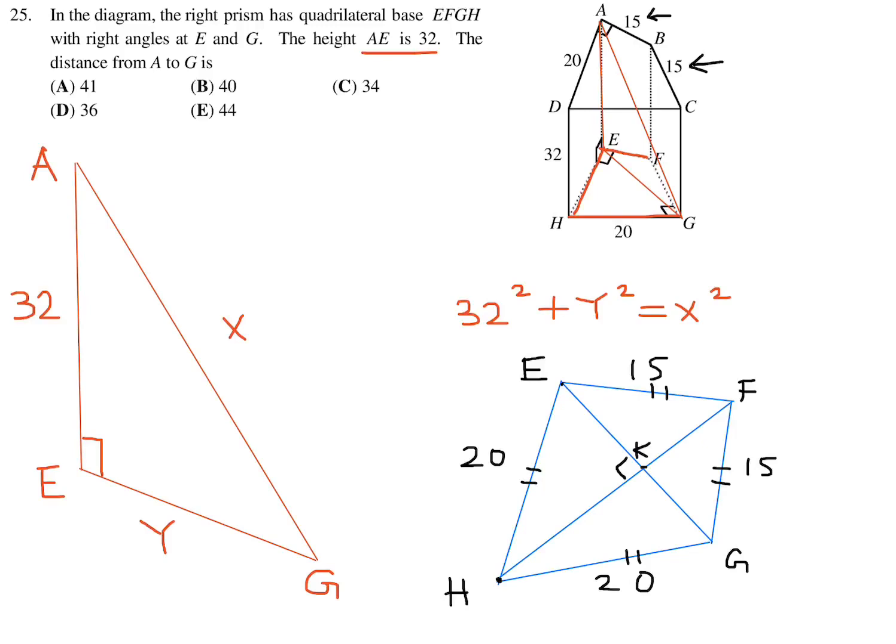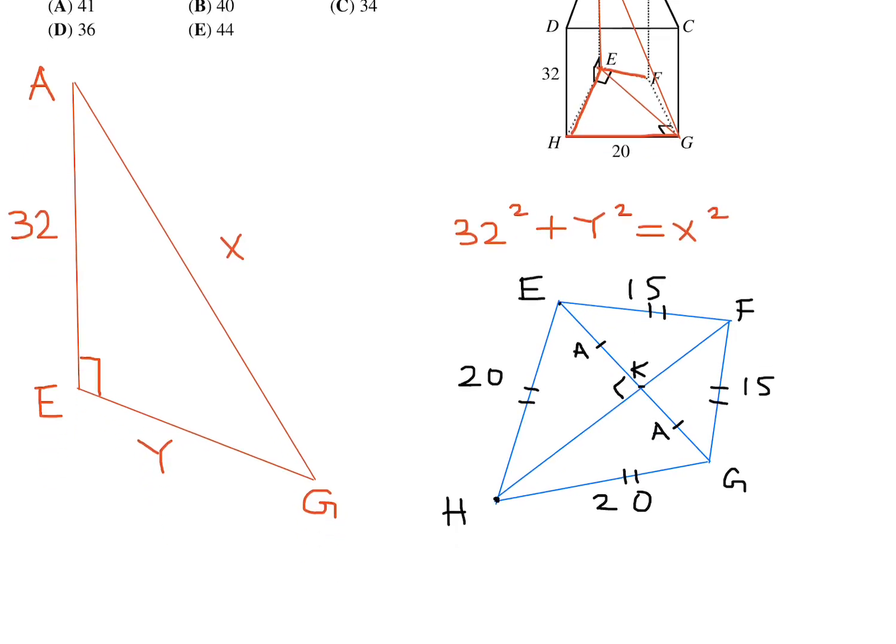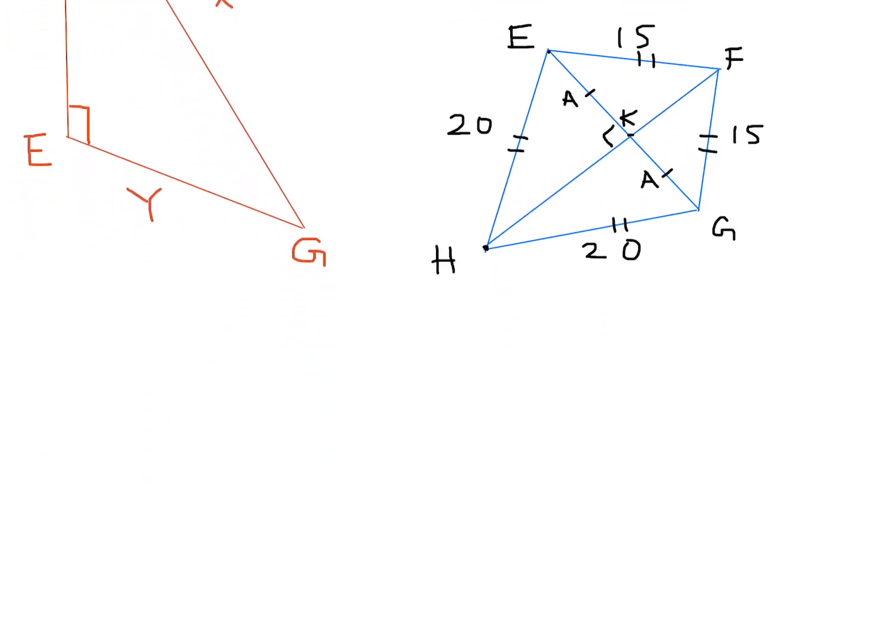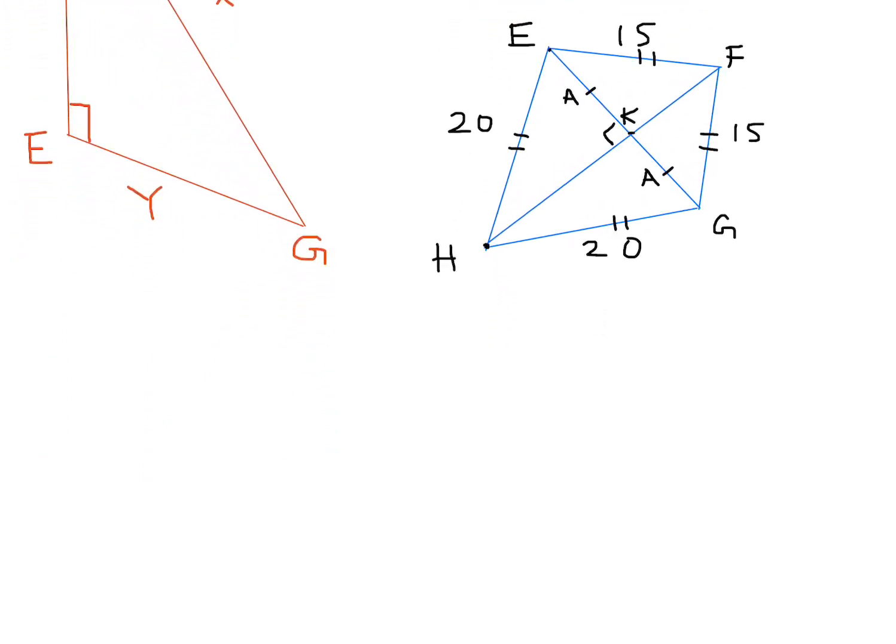So EK will be the same as KG. That's just a fundamental property of isosceles triangles. So let's label EK A, and therefore KG is A. And that's going to help us. So this is the figure that we're going to work with.